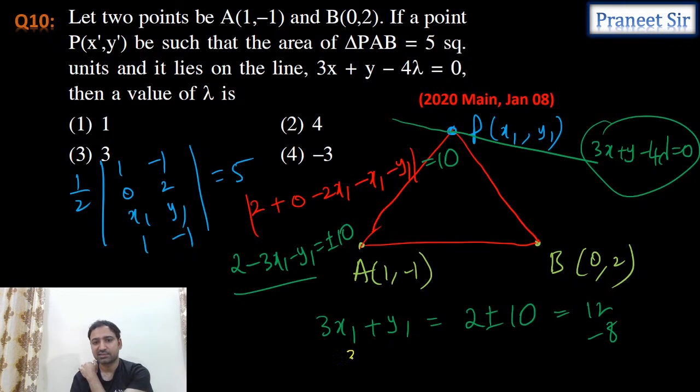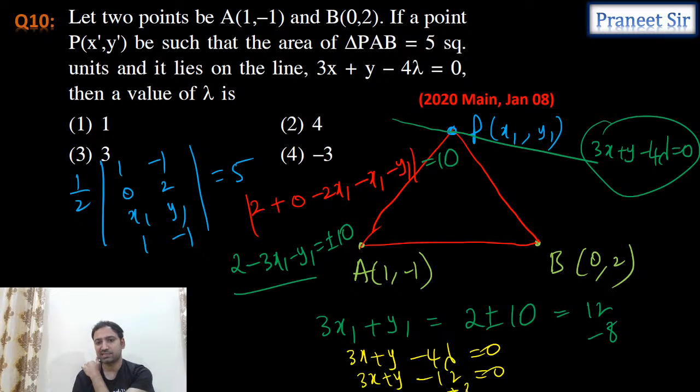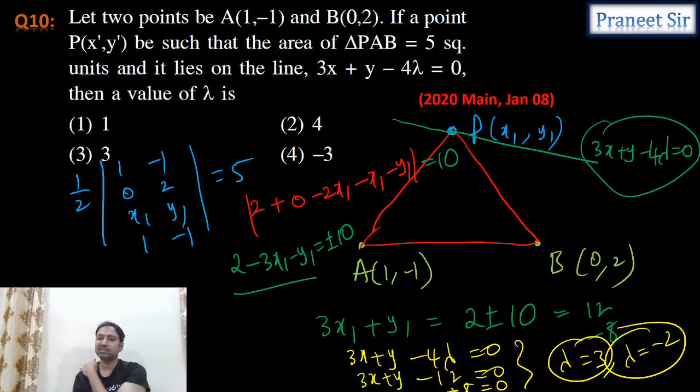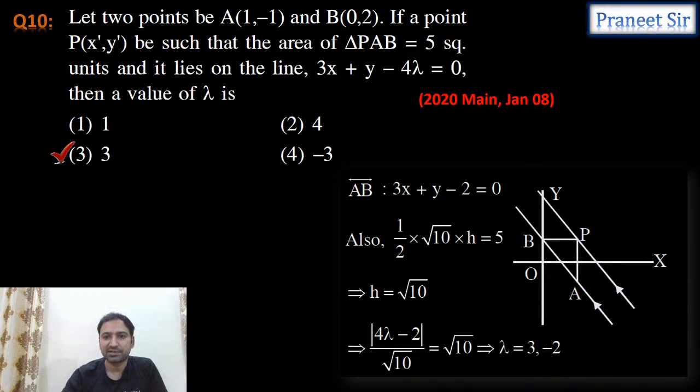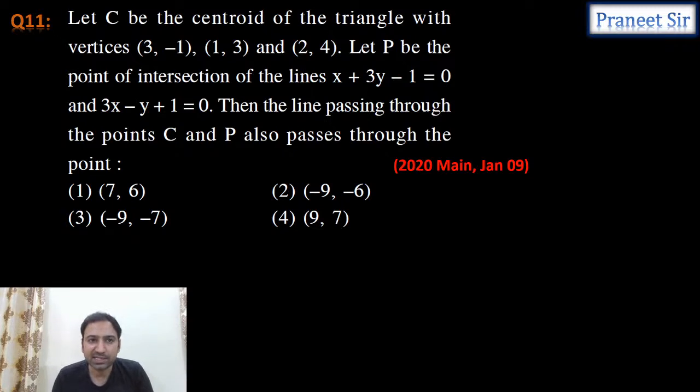If you compare 3x plus y minus 4 lambda equals 0 with 3x plus y minus 12 equals 0 and 3x plus y plus 8 equals 0, we get lambda value either plus 3 or minus 2. So plus 3 should be the answer. The third option should be the answer, guys. Correct now? Yes, exactly. Next one.